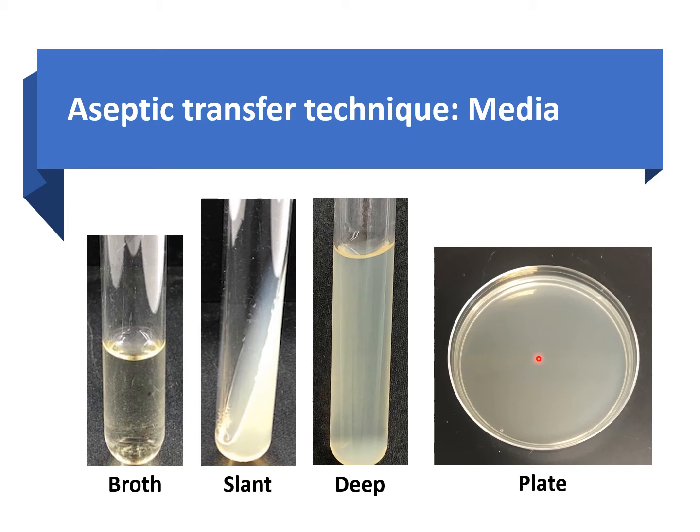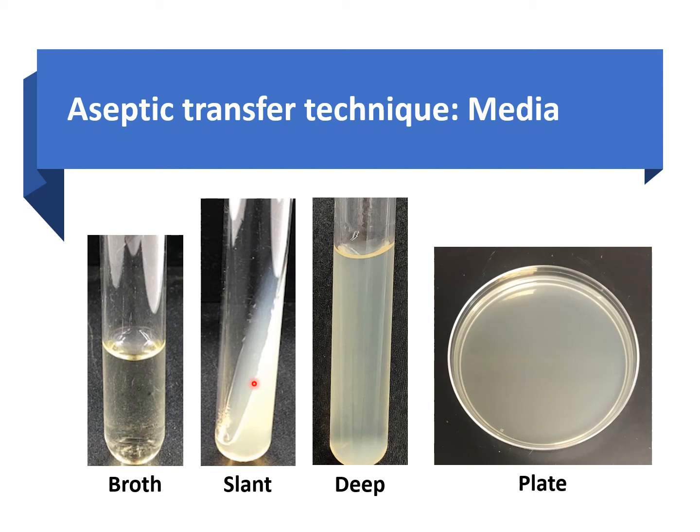The agar plate is solid, the deep is semi-solid. So if you want to inoculate the deep, the best tool to use is the needle. You basically take your needle and you literally stab the deep, okay? That needle is going to have the bacteria on its tip, and so when you stab the deep, you're introducing the bacteria into the medium, okay?